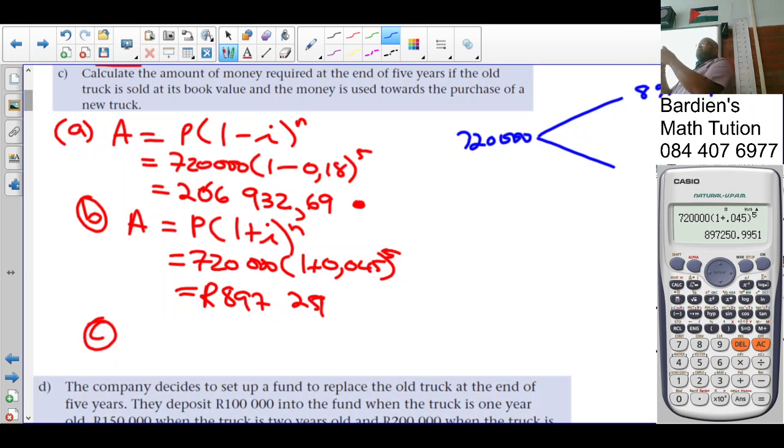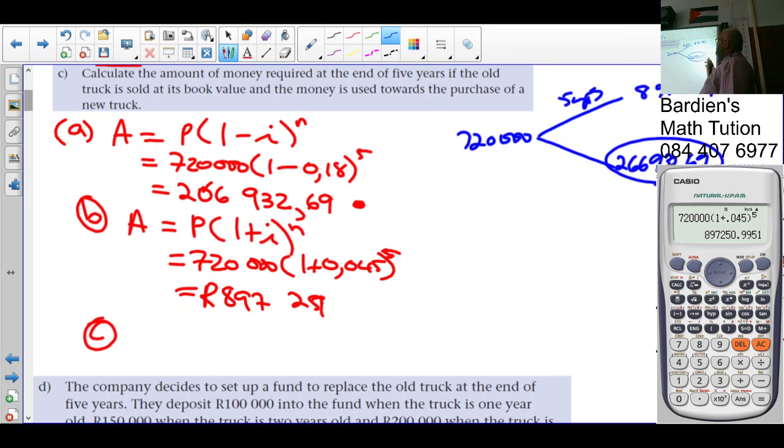But the truck that the company currently has after 5 years will be 266,932 rand and 69 cents. Can you see that? So what happens after 5 years? They sell the truck at that price, at the book value, and they use that book value amount towards purchasing the new truck.